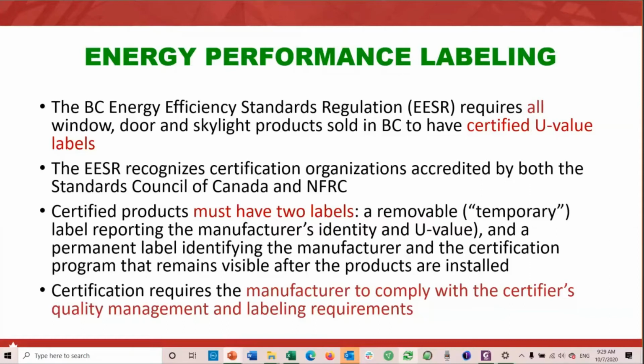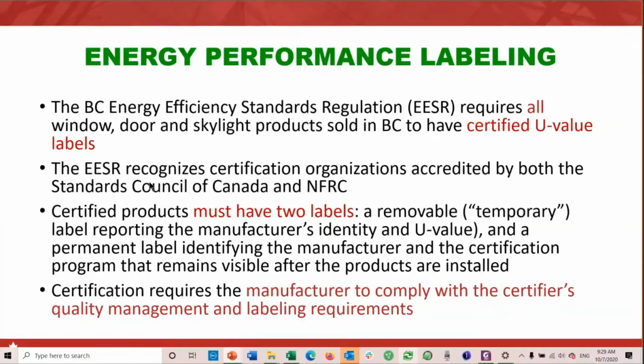When it comes to energy performance, the Energy Efficiency Standards Regulation says, no, you can't self-label your energy performance. You have to work with a certification organization and label in accordance with the requirements of the certification organization.